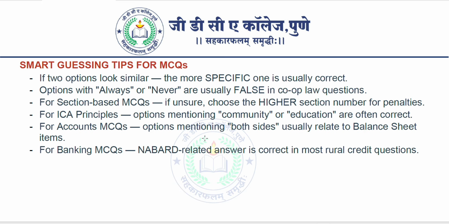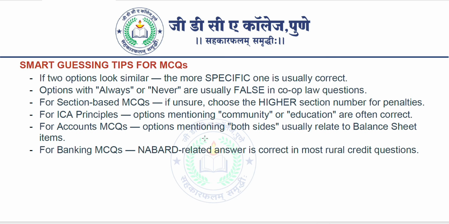Smart guessing tips for MCQs. If two options look similar, the more specific one is usually correct. Options with always or never are usually false in cooperative questions. For section-based MCQs, if unsure, choose the higher section number for penalties.